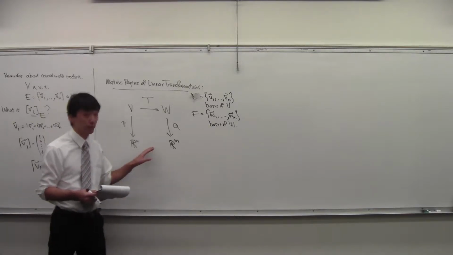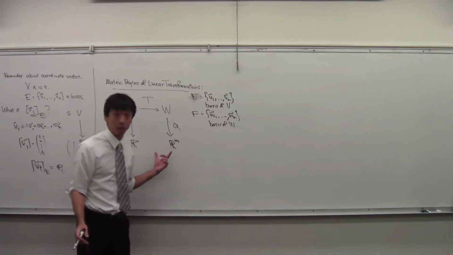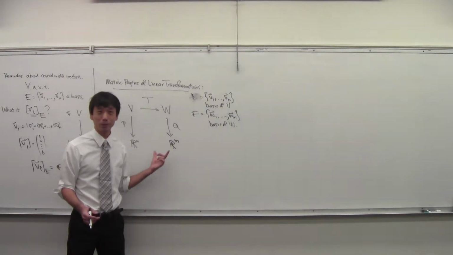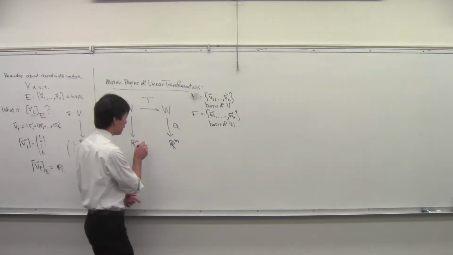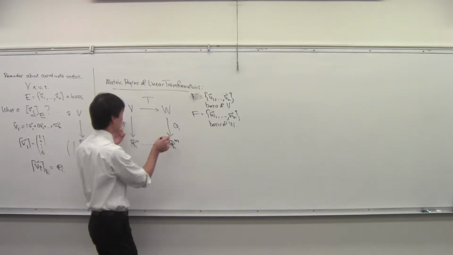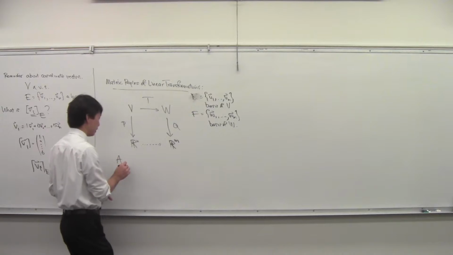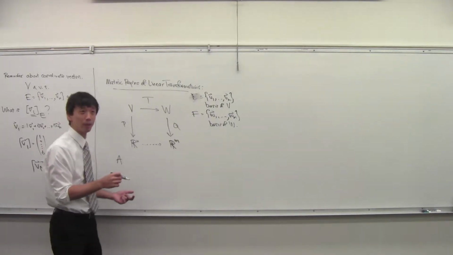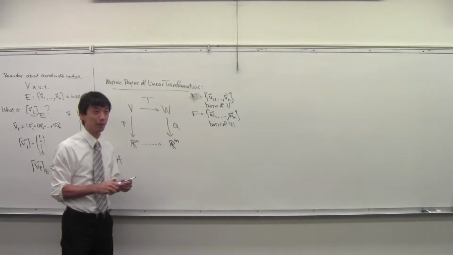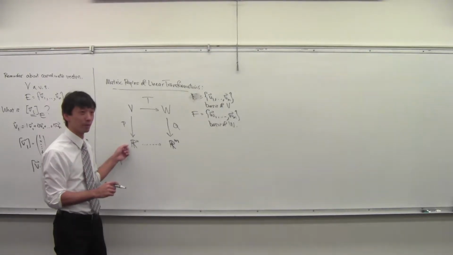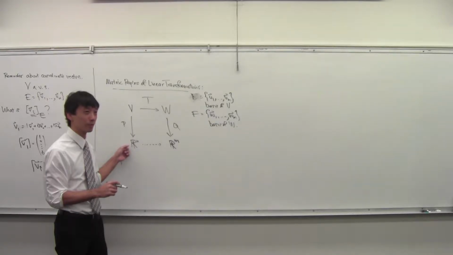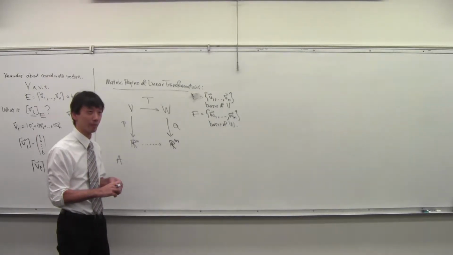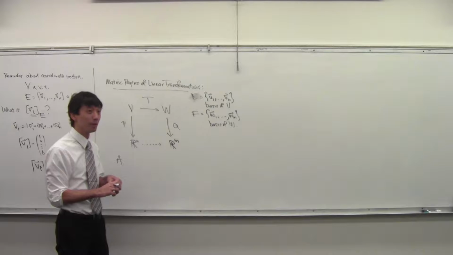Can anyone tell me what the matrix representation was? What was the point? That you're given all these things and you can get some matrix A. And that matrix A did something. Yeah, Julia. So when you left multiplied by the matrix A, you would get the coordinates mapped to the basis W. Yeah.